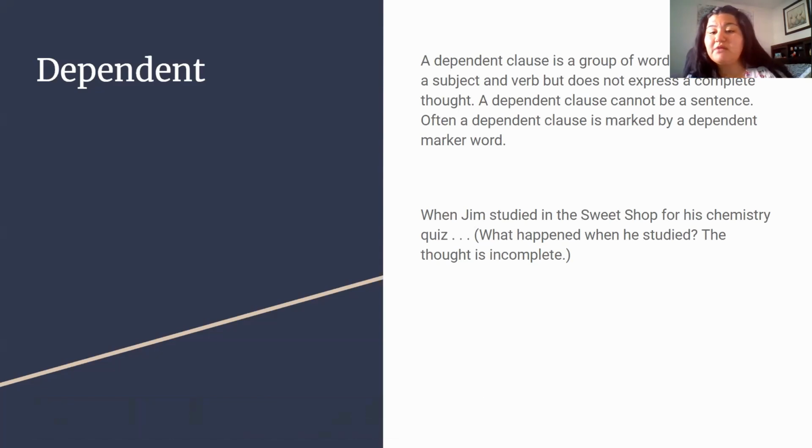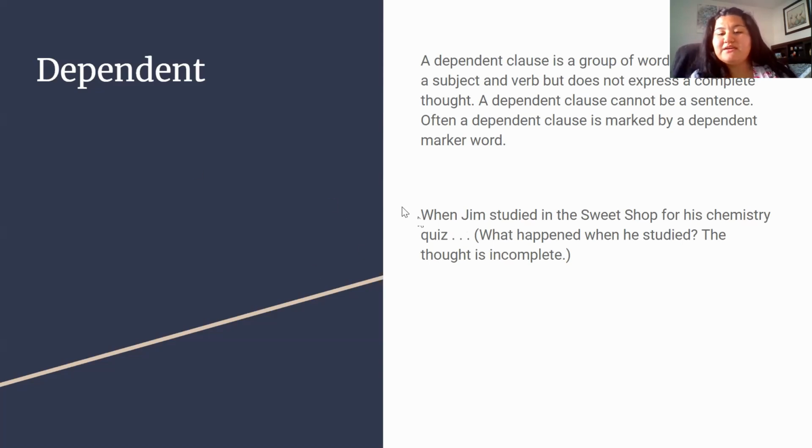Often a dependent clause is marked by a dependent marker word, which we're going to go over in the next slide. It's also very important, and it will help you distinguish between the two. Here we have: When Jim studied in the sweet shop for his chemistry quiz. That isn't a complete sentence because we don't know what happened when he studied. It's just incomplete.